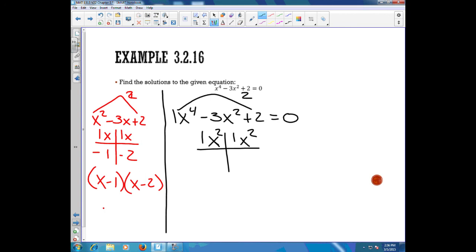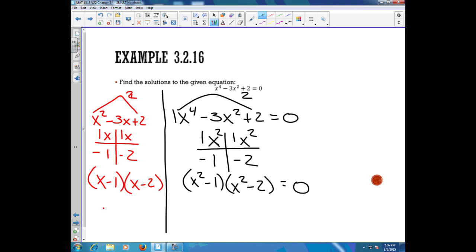The rest of it still holds the same, negative 1 and negative 2. We add them together, we get negative 3. If we multiply, we get positive 2. And so our factors, x squared minus 1 and x squared minus 2 equals 0.